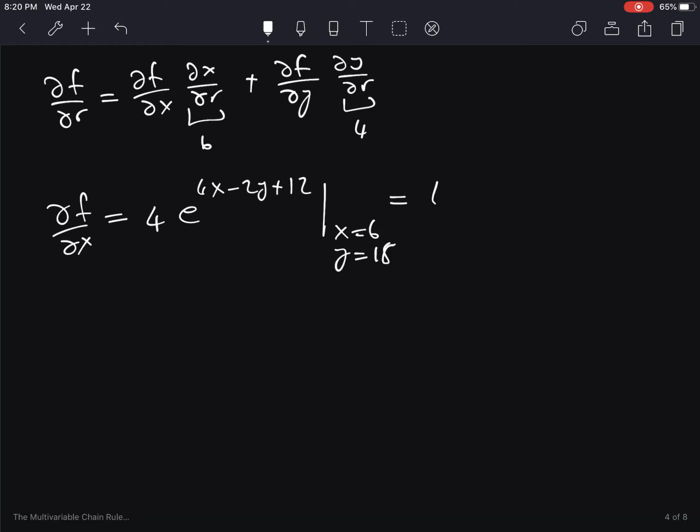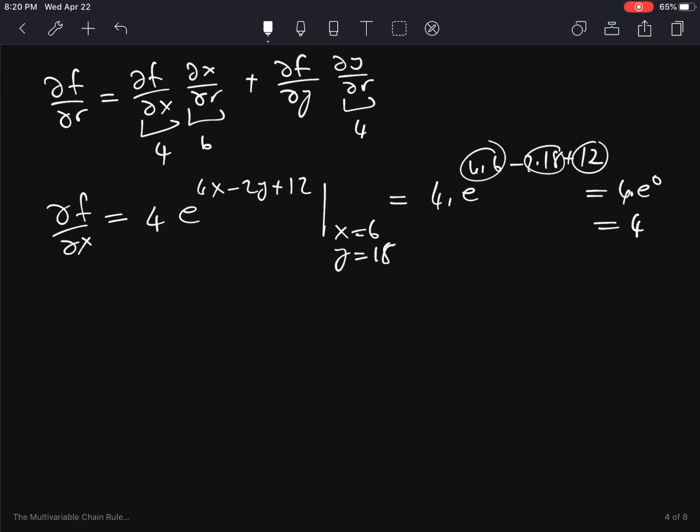So it is going to be 4 times e to the 4 times 6 minus 2 times 18 plus 12. This is 24 minus 36 plus 12, which gives 0. So this is 4 times e to the 0. e to the 0 is 1, so this is 4.